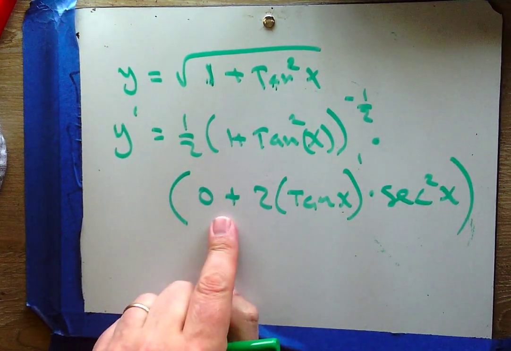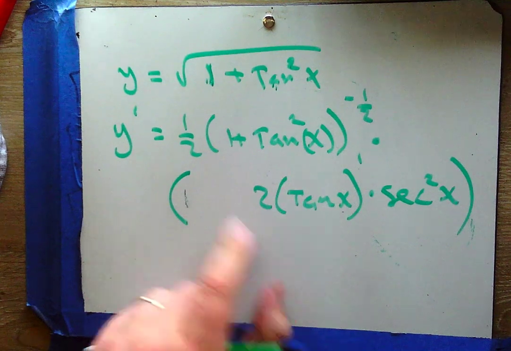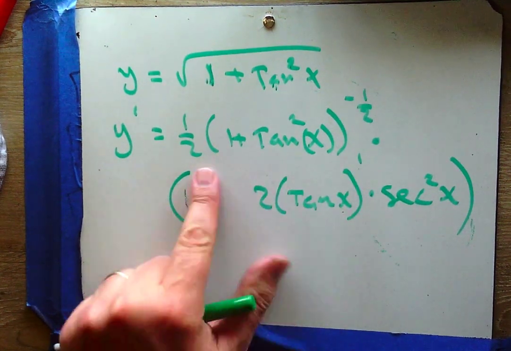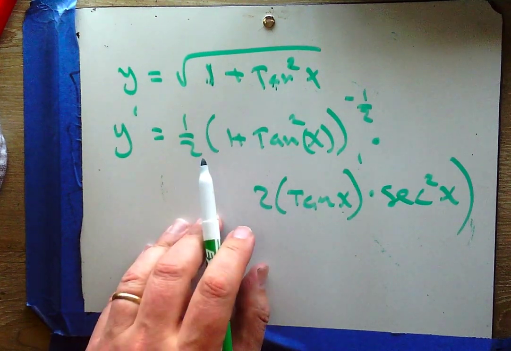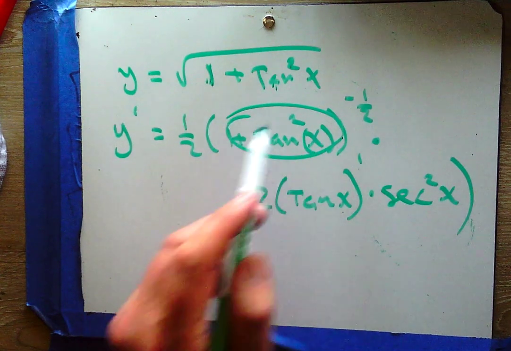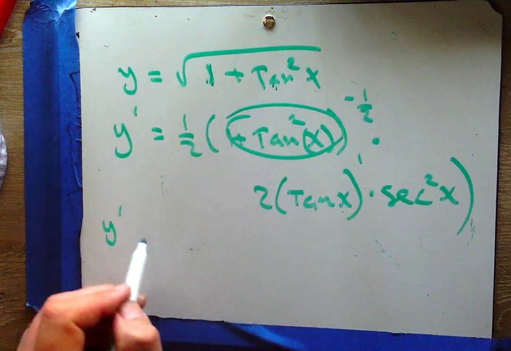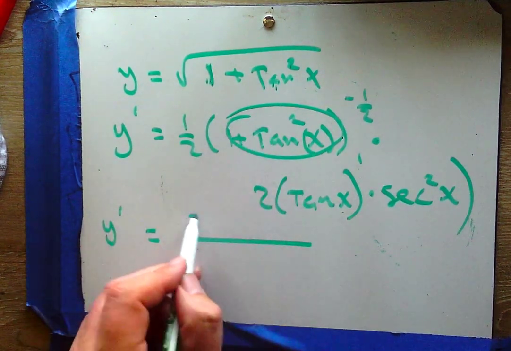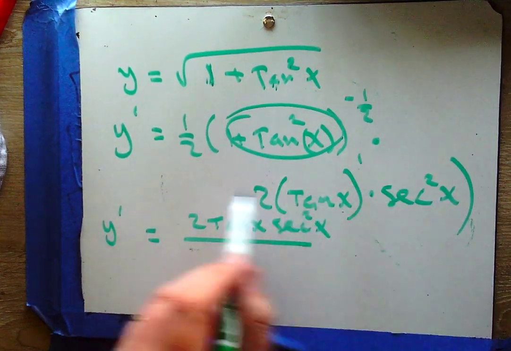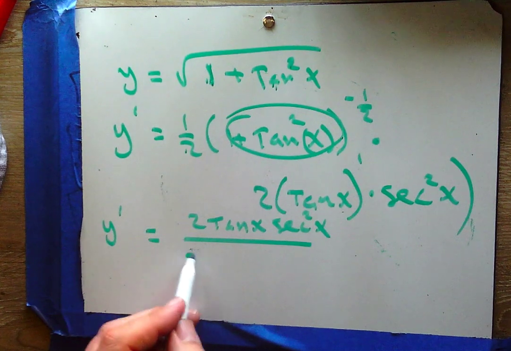Okay, now I don't really need that, do I? Well, here's what I remember. Isn't that something? I've got 2 tangent x, secant squared x. This is the stuff on top. I have a 2 on the bottom.